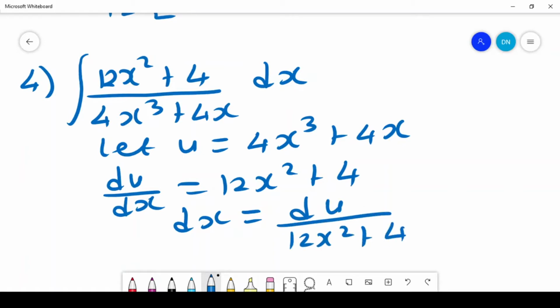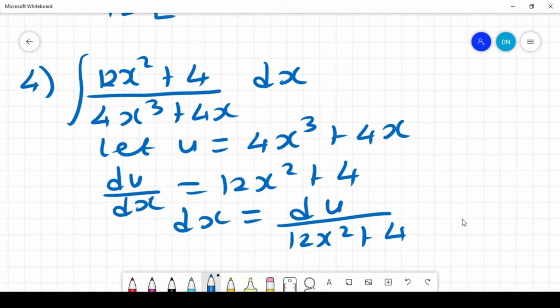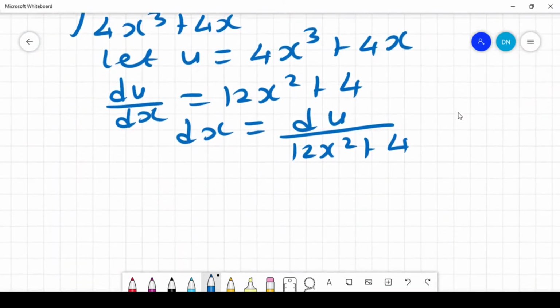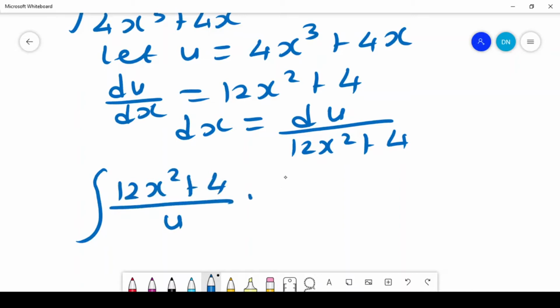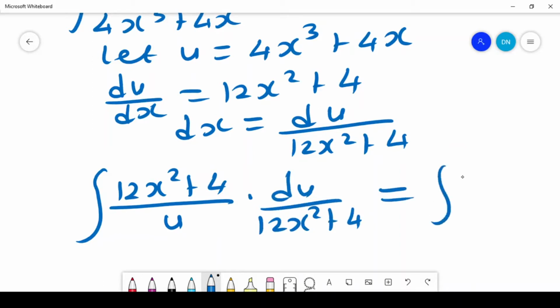So now I'm going to substitute u and dx into the original equation and see how my problem simplifies. So I have 12x squared plus 4 over u times du over 12x squared plus 4. And that simplifies to du over u, which I know is the ln of u plus a constant.